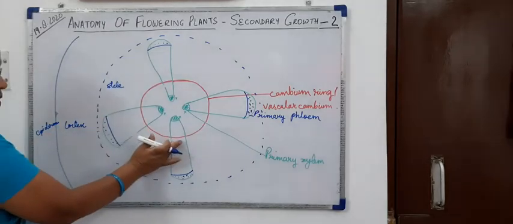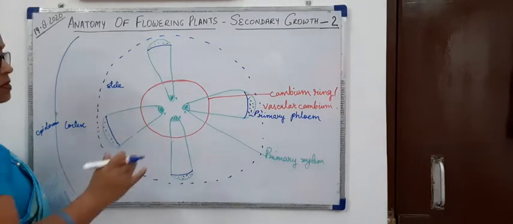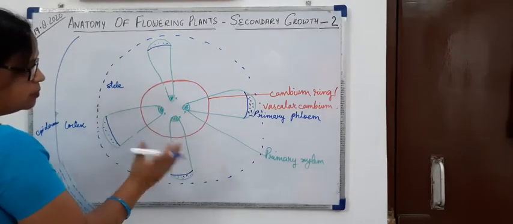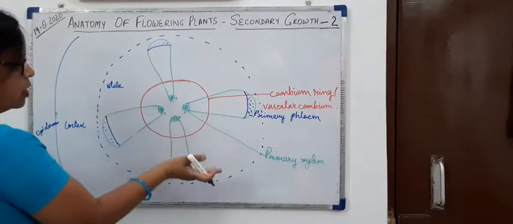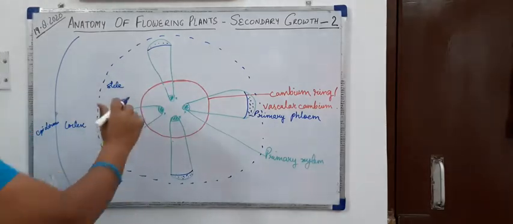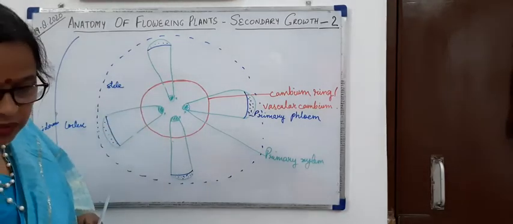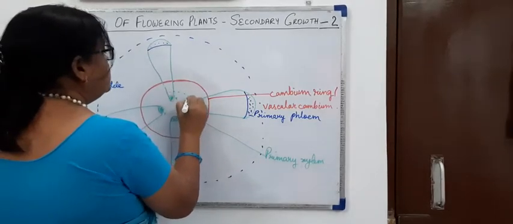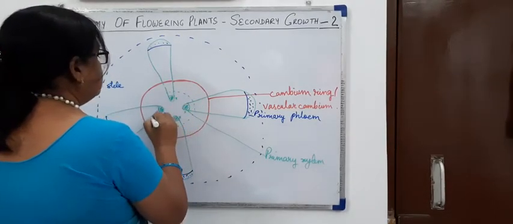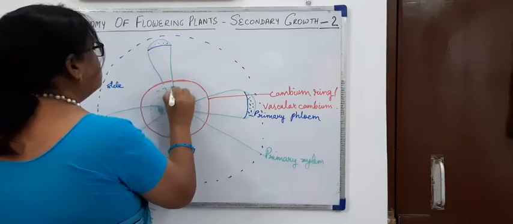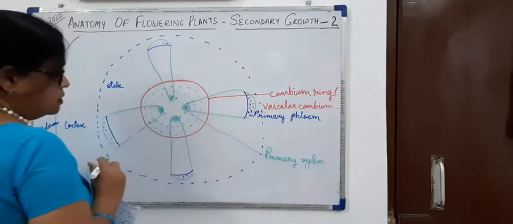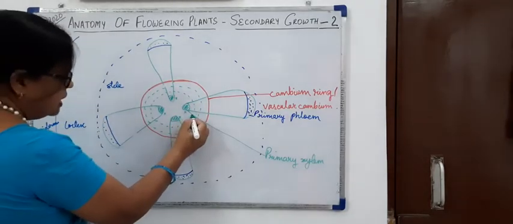And because the cambium cells are meristematic, they start dividing either to the outside or to the inside. When they are dividing inside, they go on making new and new xylem rings. So this is one xylem ring.